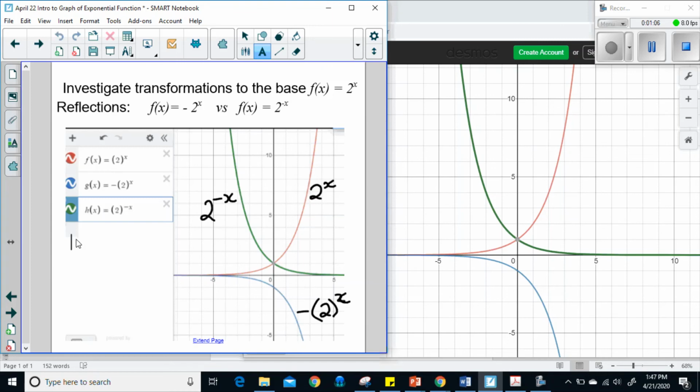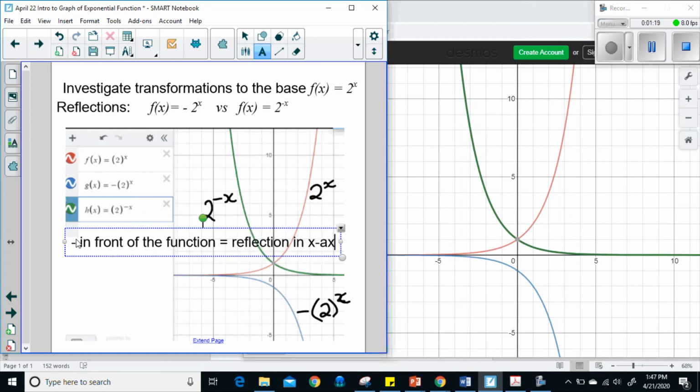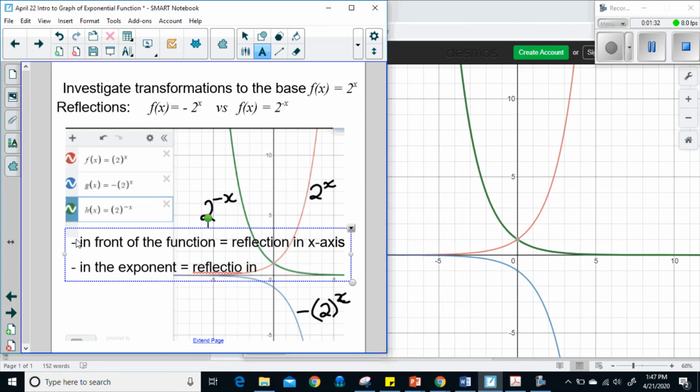Okay, so let's just type that out. Negative in front of the function equals reflection in the x-axis. And if I have the negative in the exponent, that is a reflection in the y-axis.